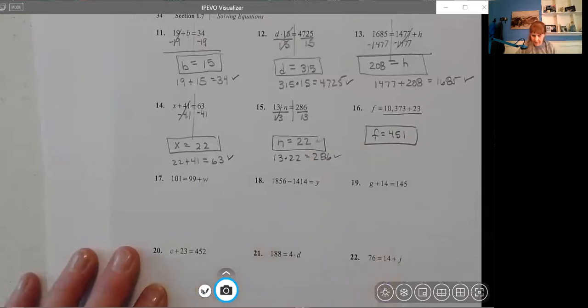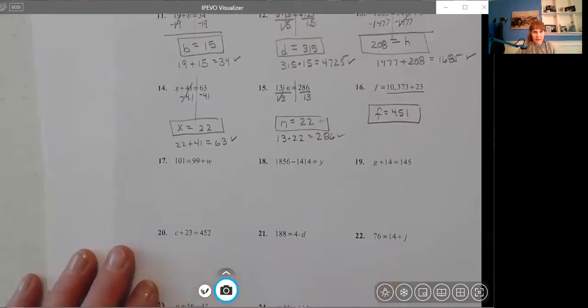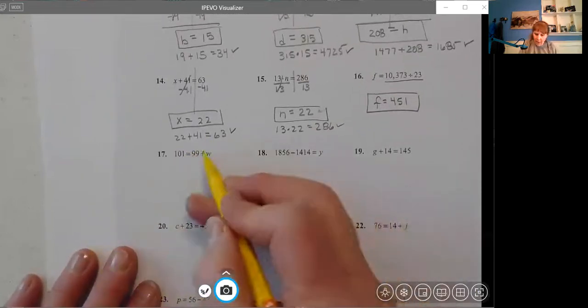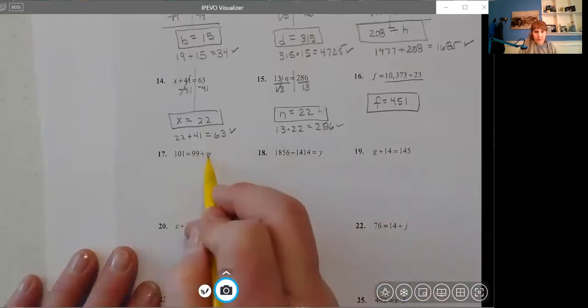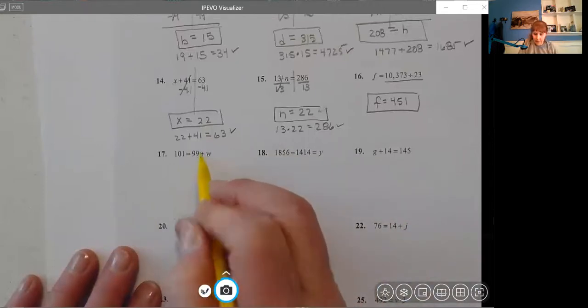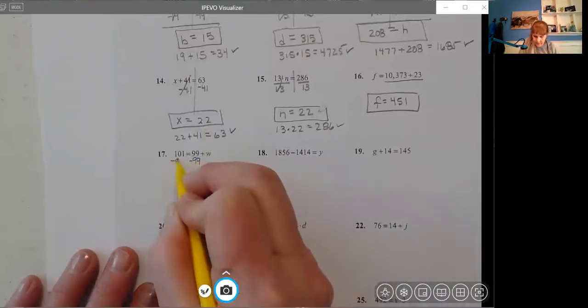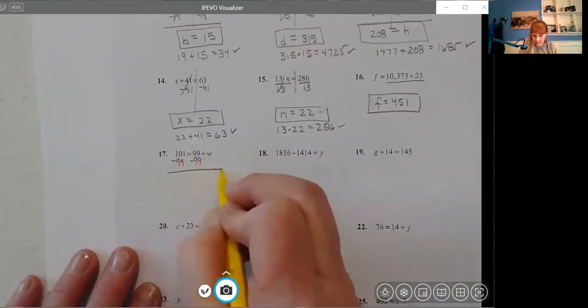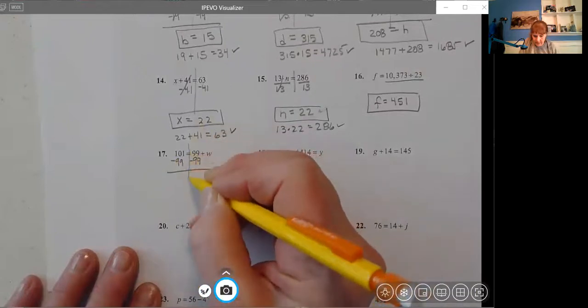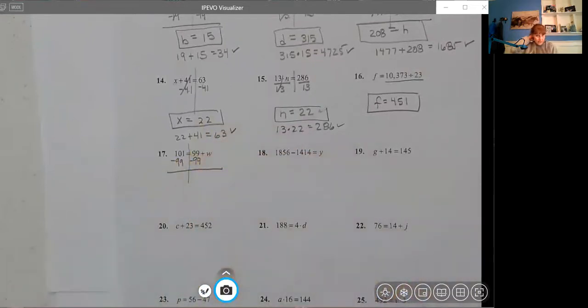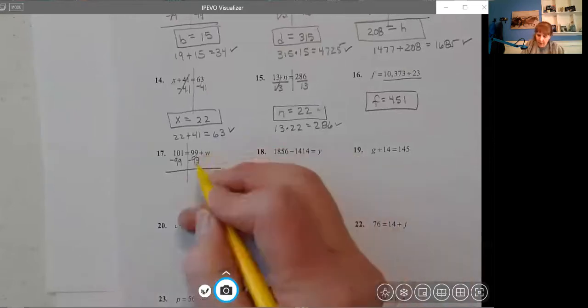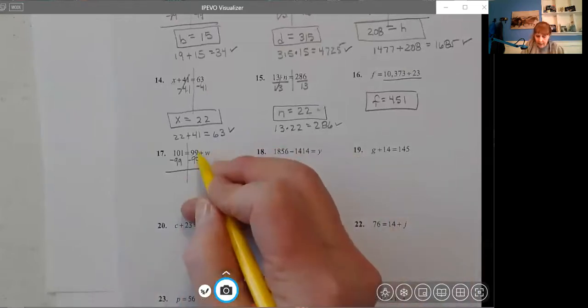Let's go ahead and try 17. We're adding 99 to the W. So to get rid of that, we'll subtract 99 to both sides. I didn't draw my little line there, which I can do. Ultimately, I want the W by itself. I don't want that 99 with the W on the same side. So I'm going to subtract 99.